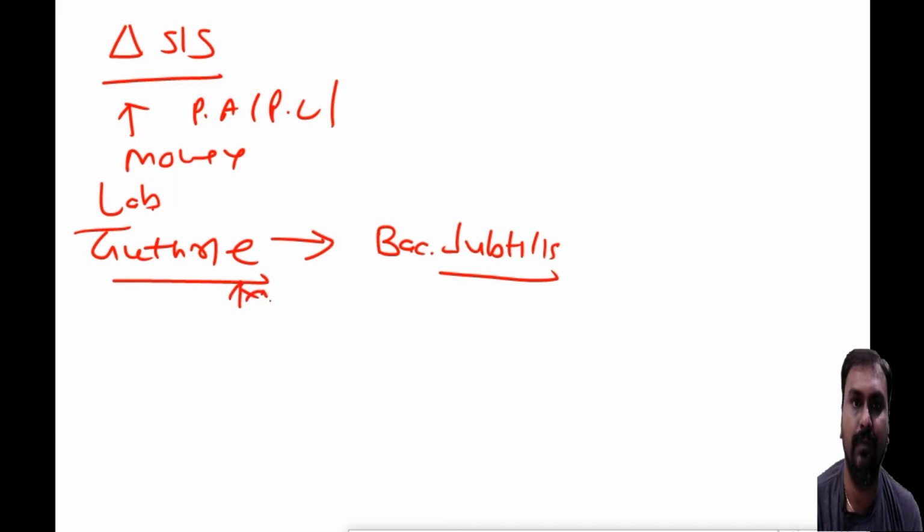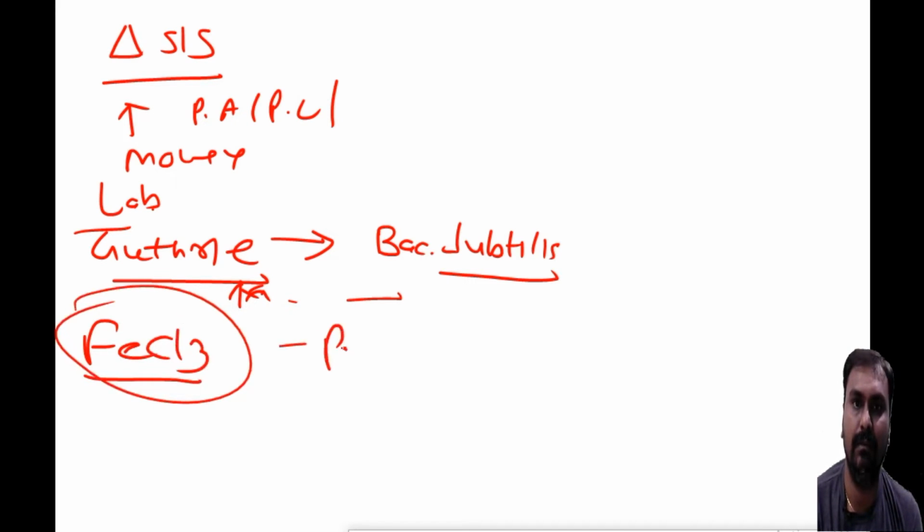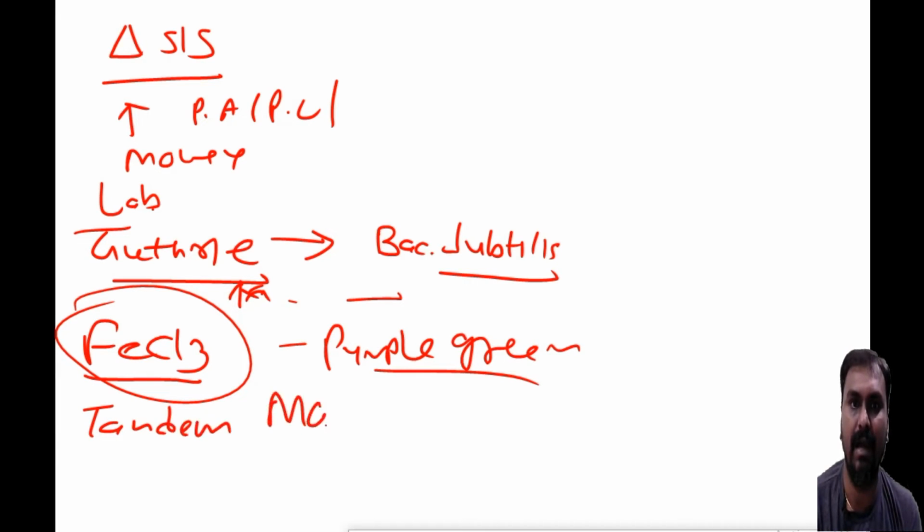So the more the phenylalanine level, the more the growth occurs. Then another test is the ferric chloride test, FeCl3. It will be purple green color if phenylalanine is increased. But nowadays diagnosis is mainly by tandem mass spectrometry.